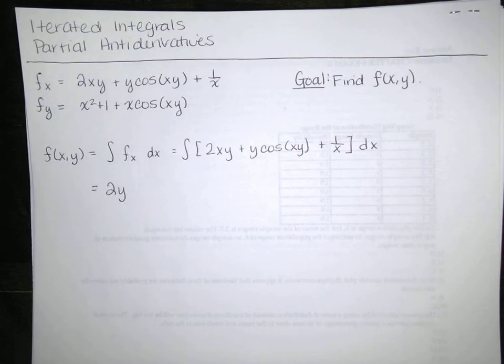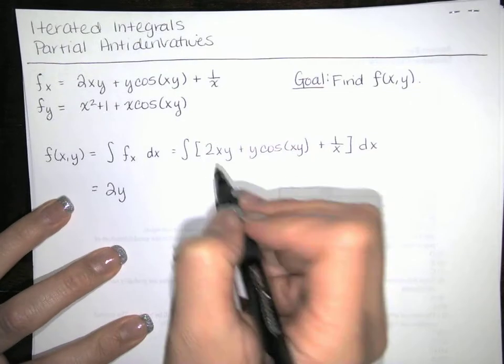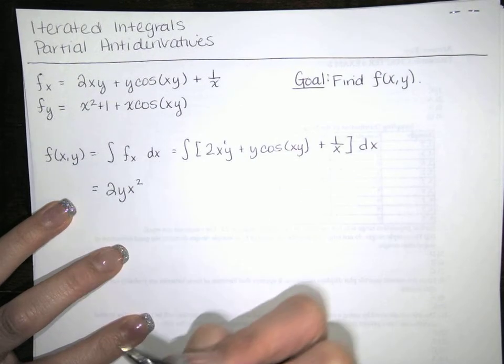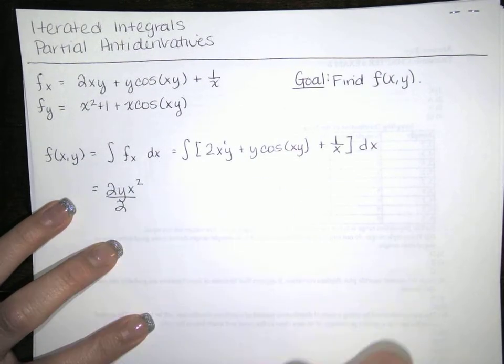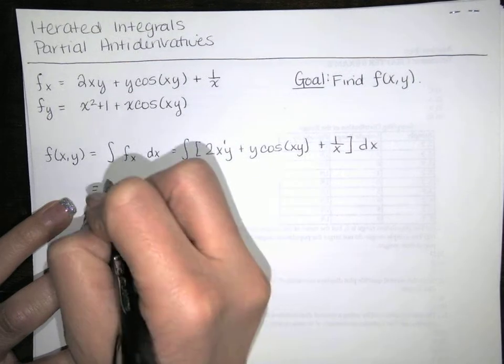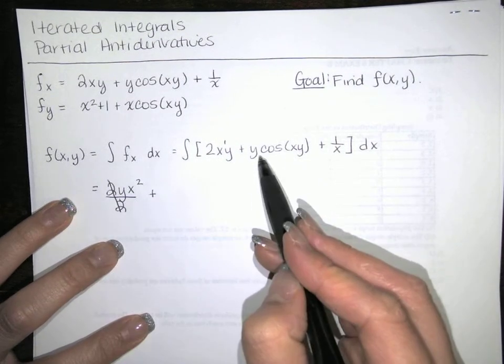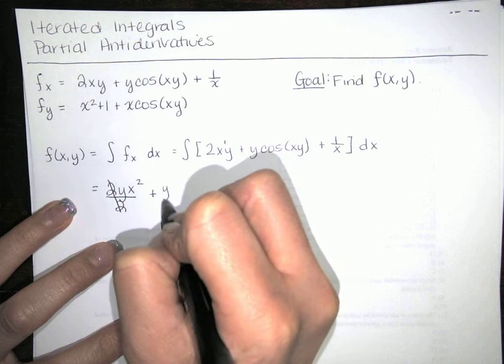And then I take the antiderivative of x with respect to x. And the antiderivative of x with respect to x, by the power rule, I add 1 to the exponent and then divide by the new exponent. And of course the 2's reduce. Then over here, y is a constant, so I can bring that down.